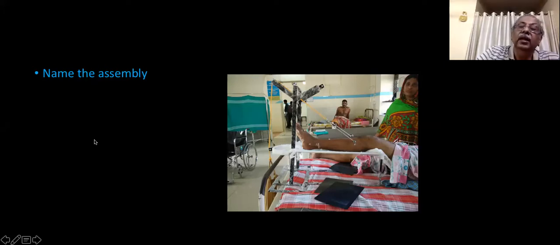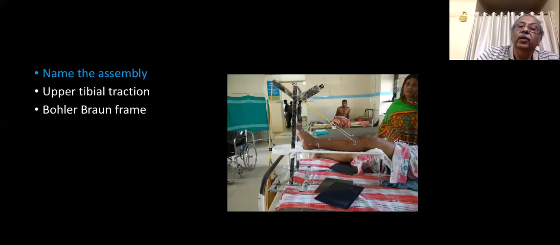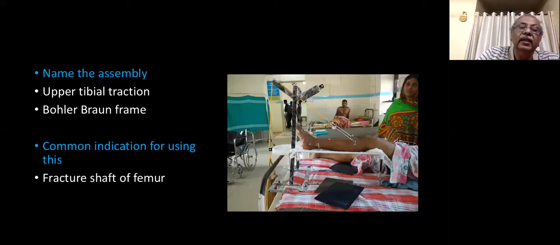And you will be asked, name the assembly. So you have to say that it is an upper tibial traction, which is given in a Bowler board splint. The common indication for using this is usually the fracture shaft of femur. Because in these hospitals the intake of patients is high, you will not be able to fix these fractures on day one.